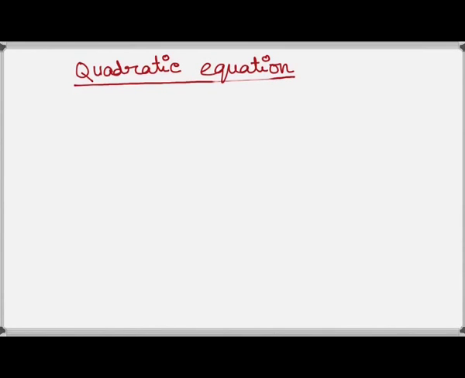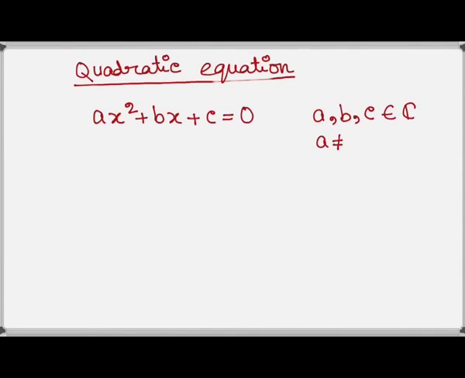So let us first write a general form of a quadratic equation: ax square plus bx plus c is equal to 0, where a, b and c are complex numbers with a being non-zero. Because note that if a is equal to 0, then the polynomial equation will no more be of degree 2.